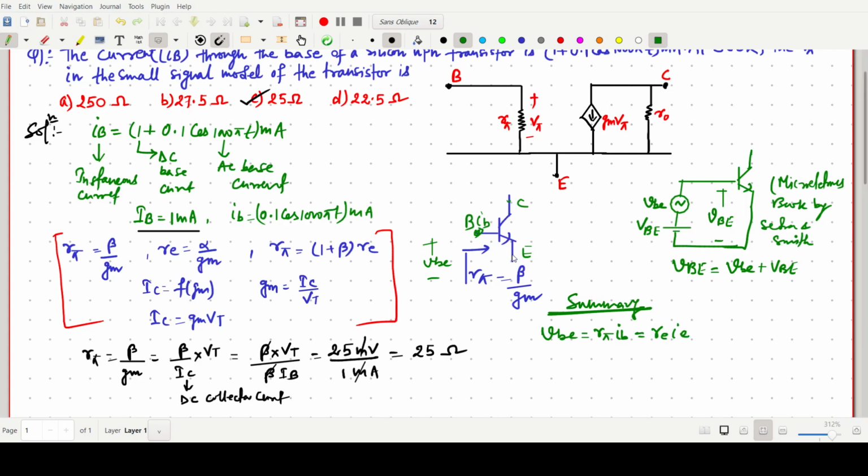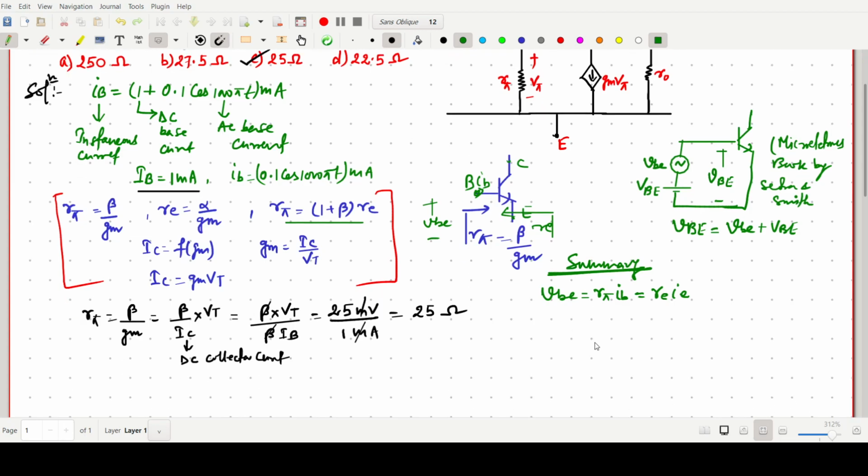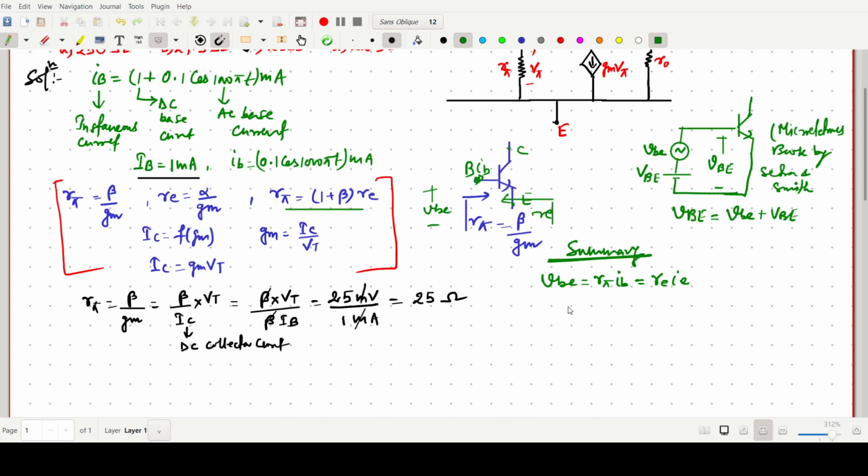So R pi ib equals Re ie, and we can write R pi equals Re ie by ib.